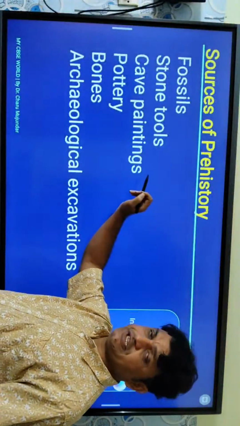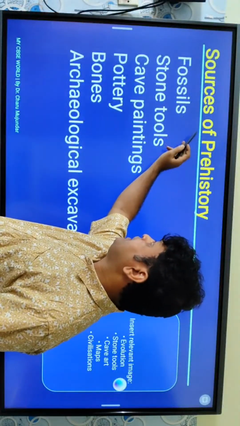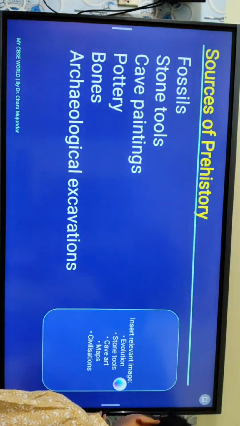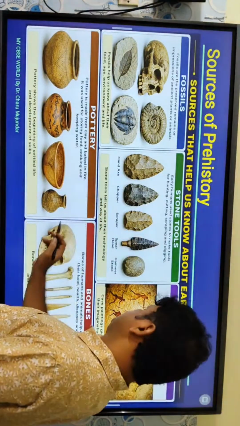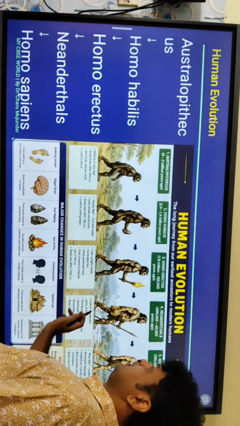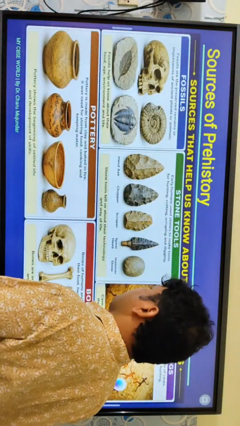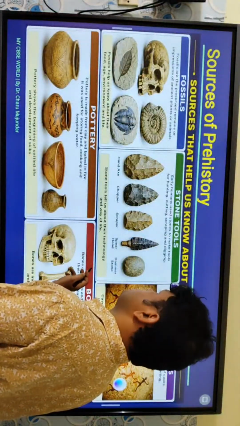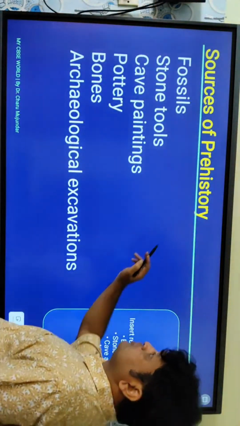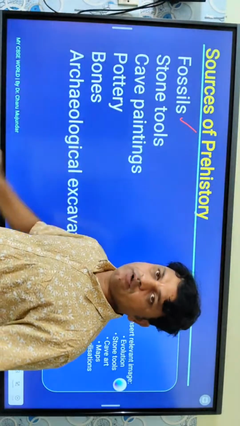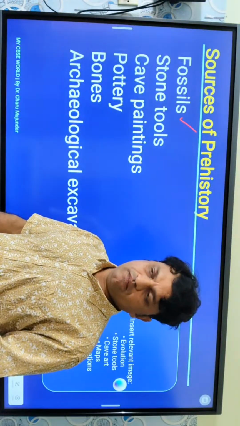So, the source of prehistory. What is the source of prehistory? By looking at fossil remains, the skeleton, and any fossil animals or flora and plant fossils.